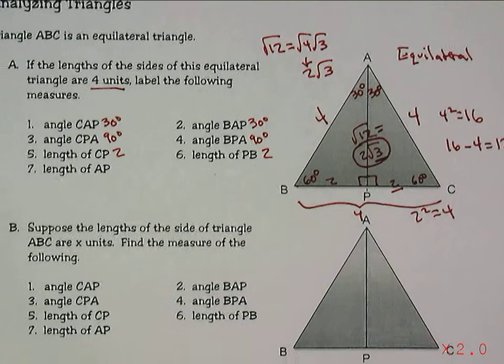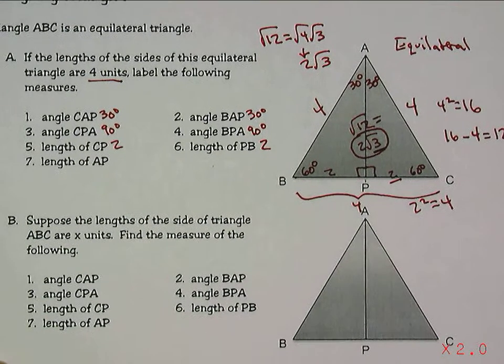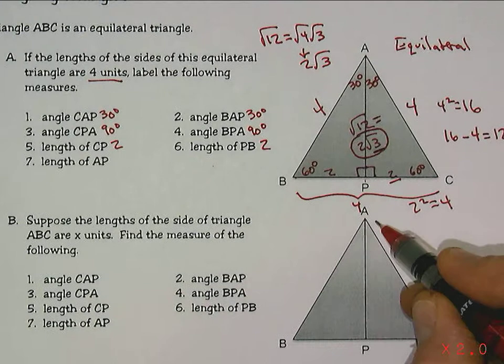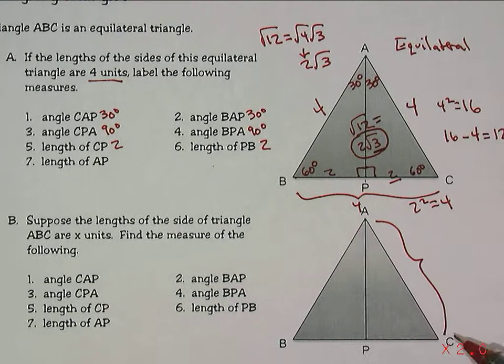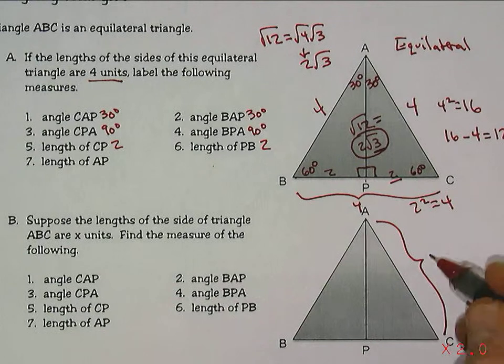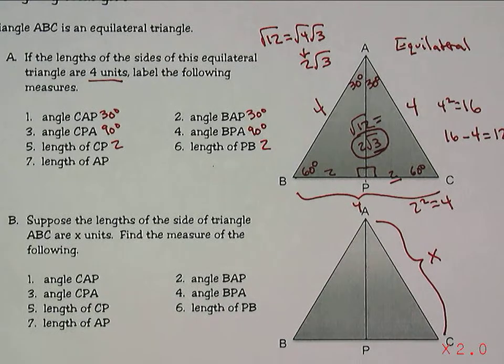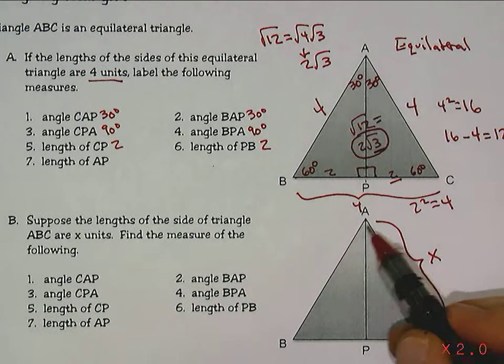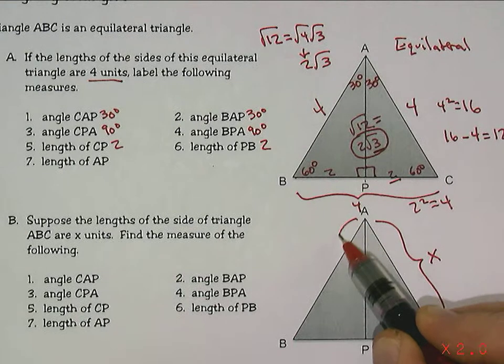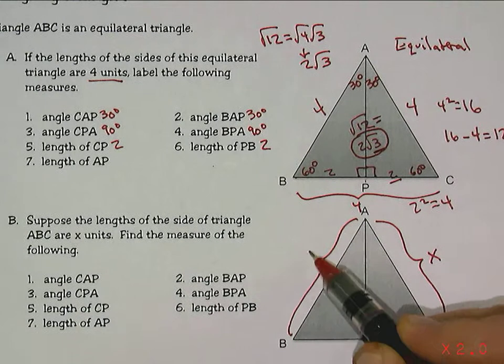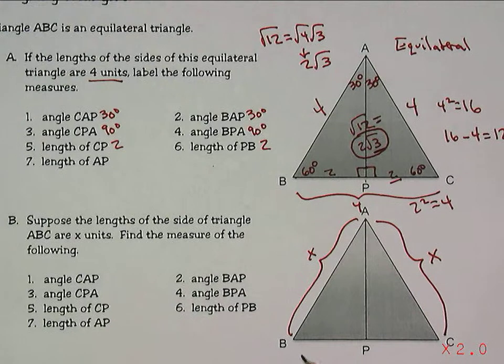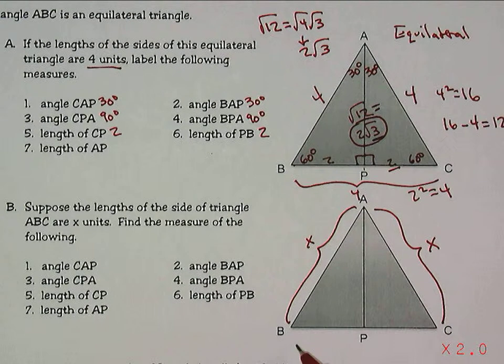So when we look at the next problem down, now we're saying, what if we just say this side length is x units long. That means this side length is x, and all the way across the bottom would be x. It's an equilateral triangle, so they're all the same. And that doesn't really affect the angles.